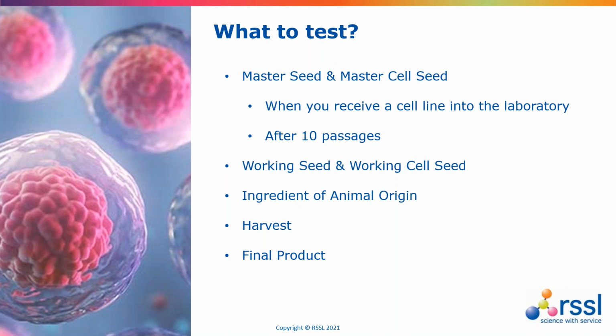So a holistic strategy is important. So very much like the assessment of bioburden in a biopharmaceutical manufacturing process, equally tests for mycoplasma would help to inform about the level of control in relation to that process.